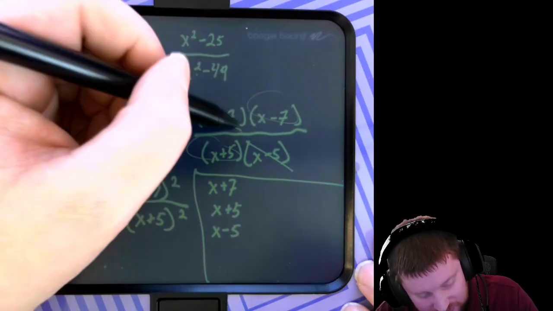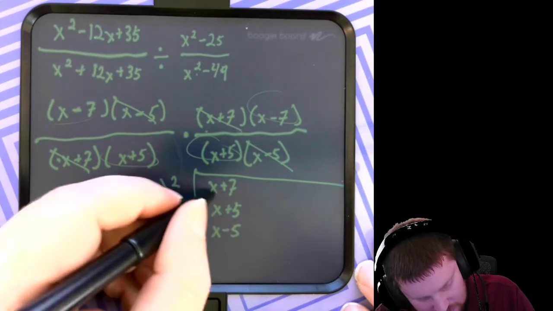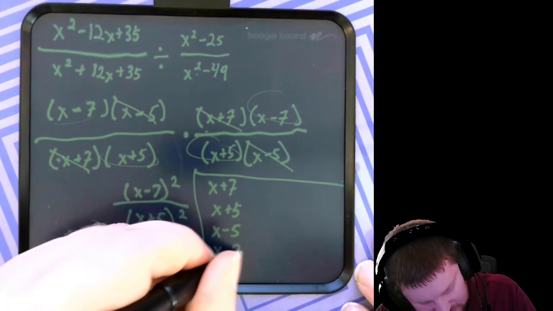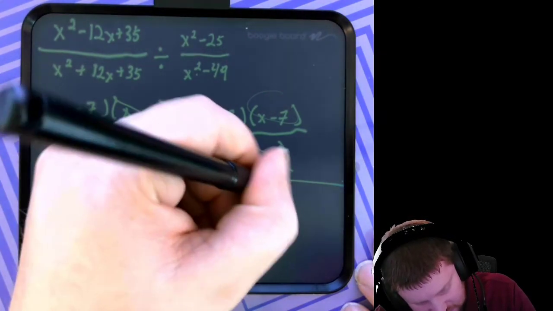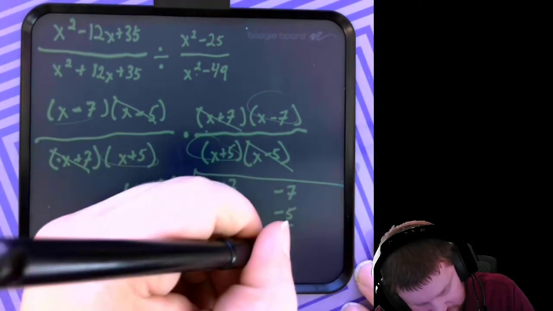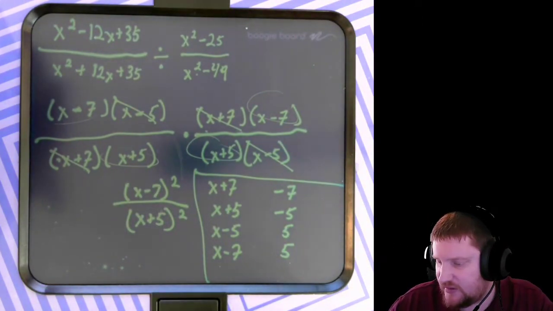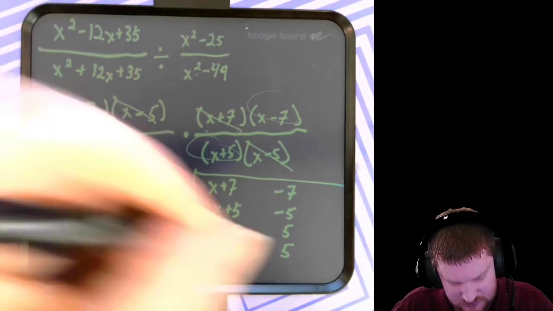I have to worry about this also. x plus 7, x minus 7. I already have x plus 7, so I need x minus 7. So this is x equals negative 7, this is x equals negative 5, this is x equals 5, this is x equals 7. So negative 7, negative 5, 5, 7.